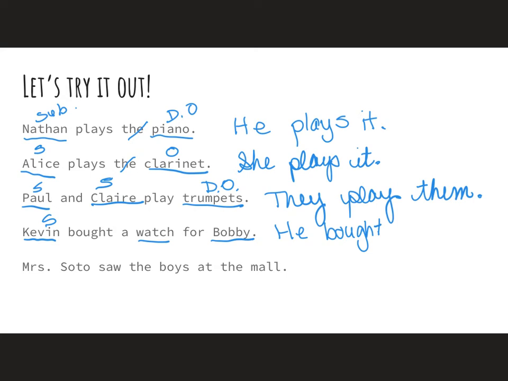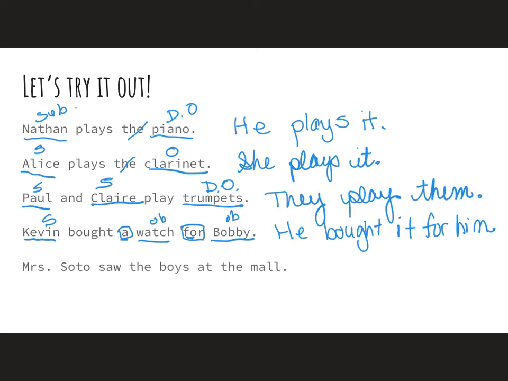We could replace watch. A watch. These are both objects. Remember keywords that we had identified last week, for and a. What would we replace that with? Look for your object chart. Look for singular. Kevin bought it for him.